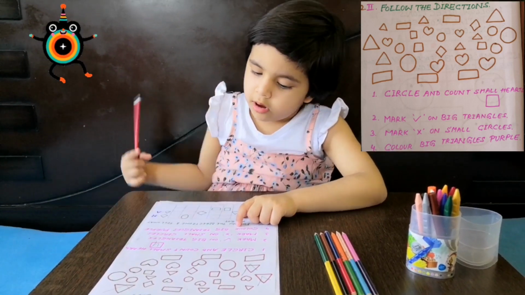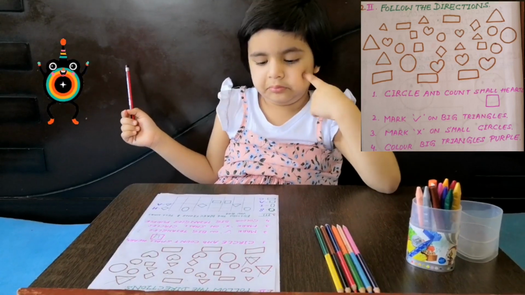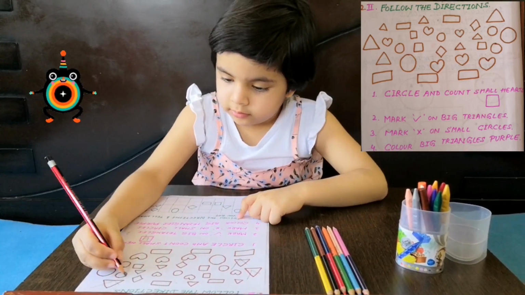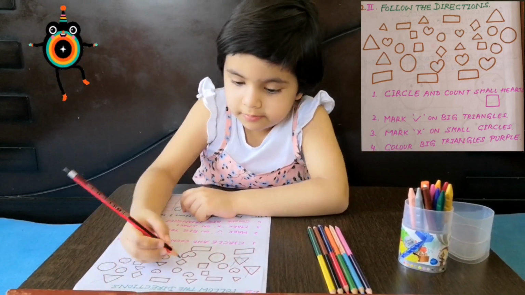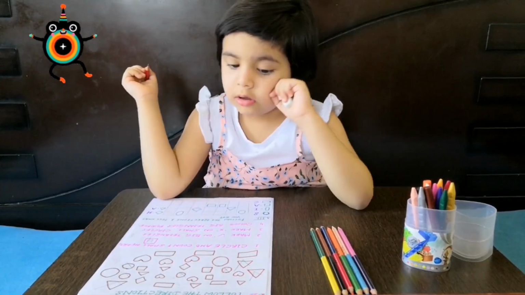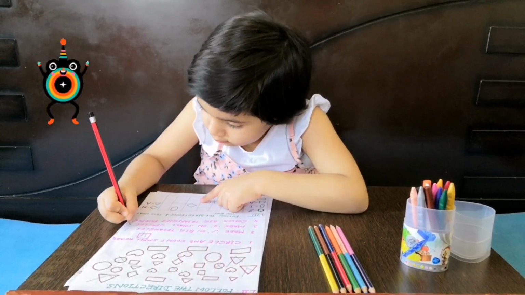Mark a cross on small circles. Two, 3, and there are only 3 again.